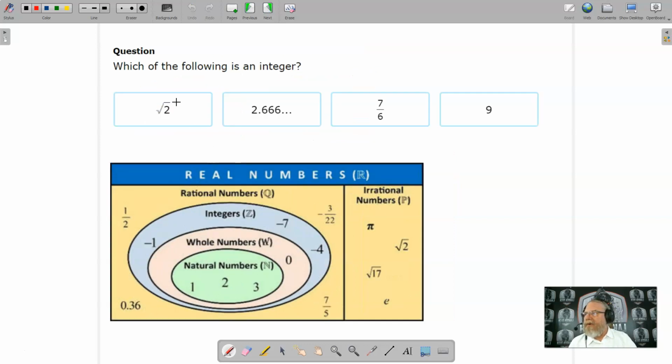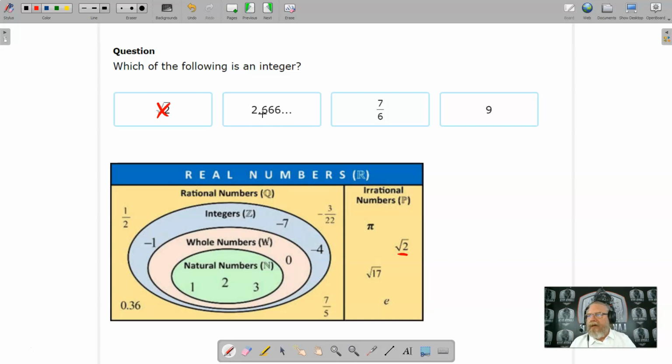On the next example, which of the following is an integer? So we're looking for non-decimal numbers. What about square root of 2? Well, we see square root of 2 over here. That's an irrational number, so it can't be an integer. 2.666 repeating 6.